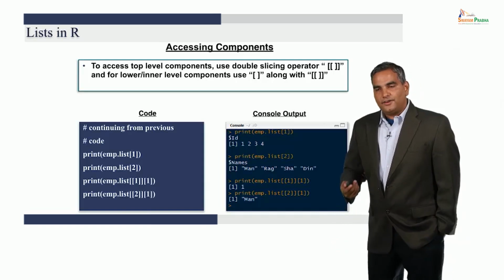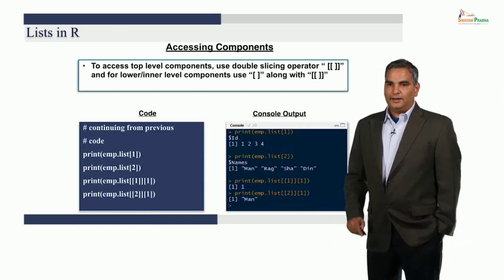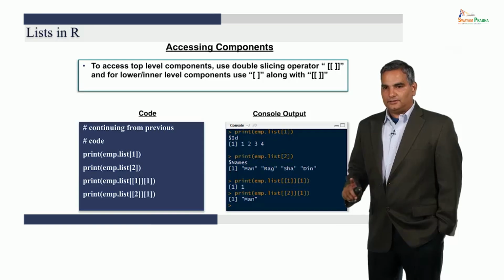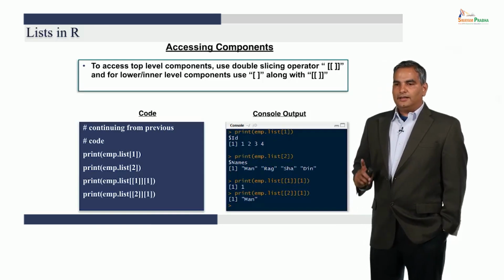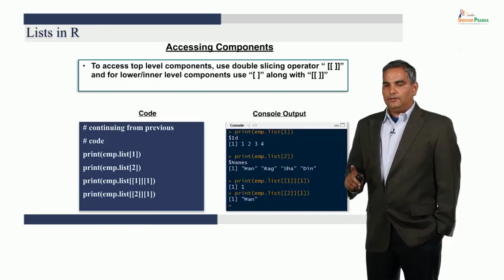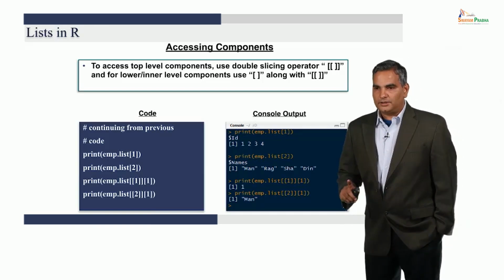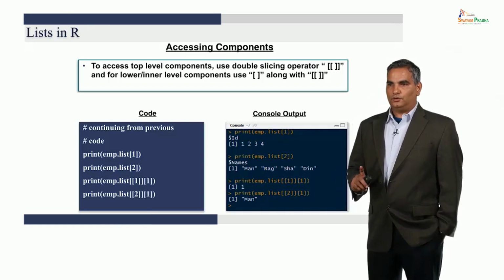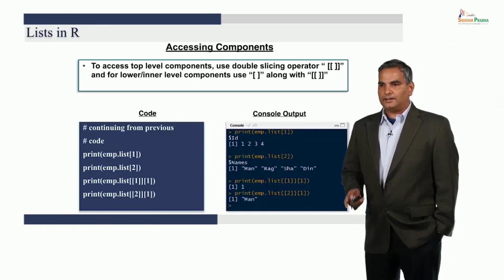Now there are other ways of accessing the elements also without names. The syntax is very, very simple. List has several objects. Let's say it has 10 objects. If you want to access any one of these objects, the first level access is through double square brackets that we see here.